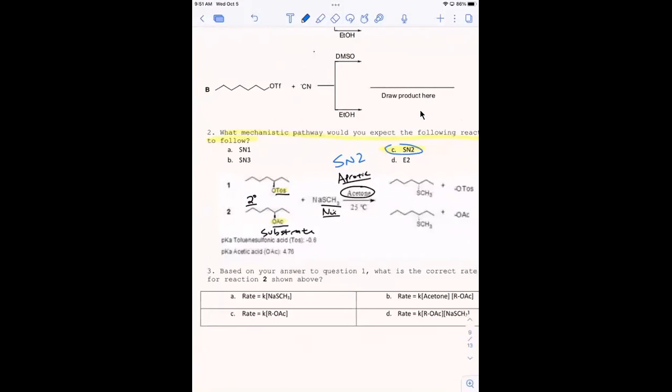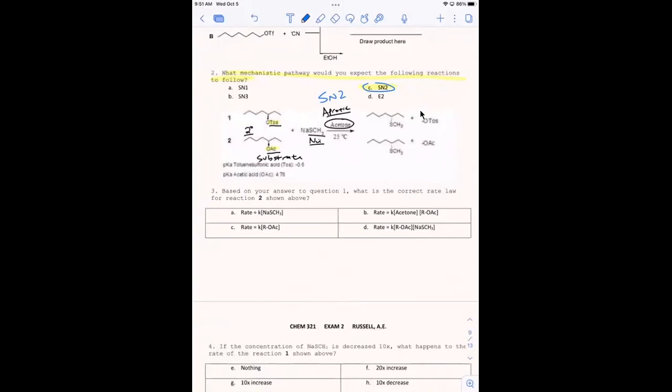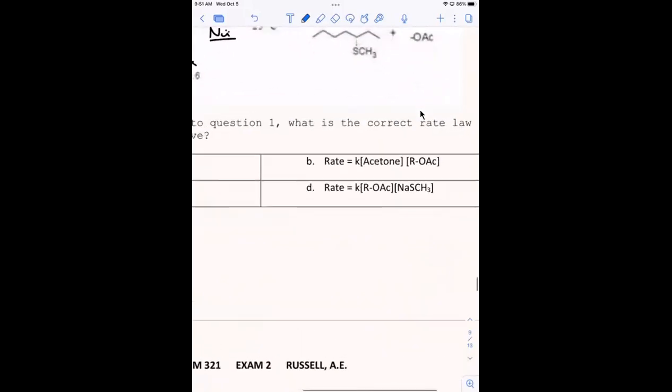Now, having answered that question, let's do number 3 and then we'll stop. Based on the answer to that question, what's the right rate law? If we know it's SN2, what is the rate law for an SN2 reaction? Does it exclude or include the nucleophile? Oh, I got it backwards. It should include it, right?